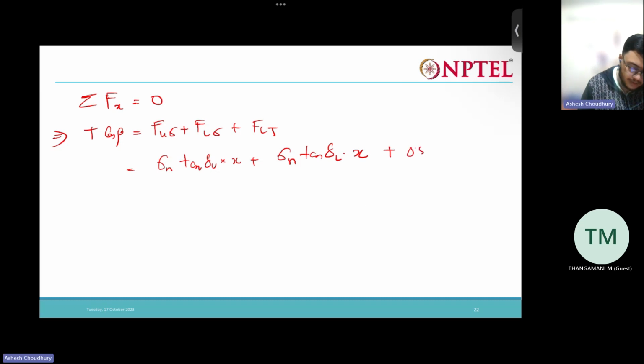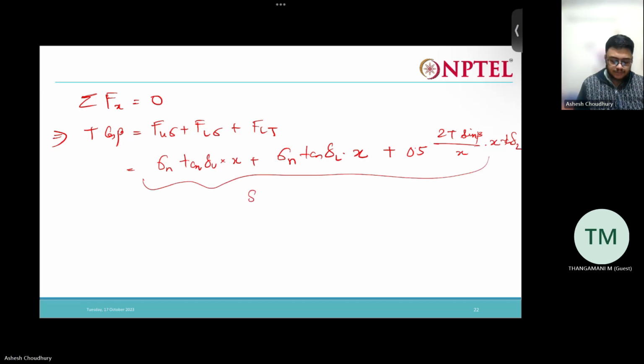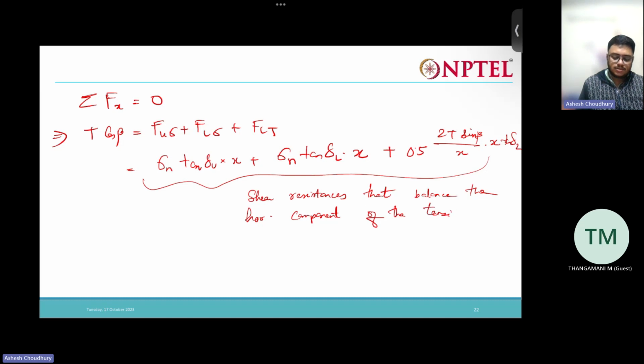This one will be 0.5 because it is triangular, beta by x into x, tan delta lower. So these are the shear resistances that balance the horizontal component of the tension that is acting on the geomembrane.